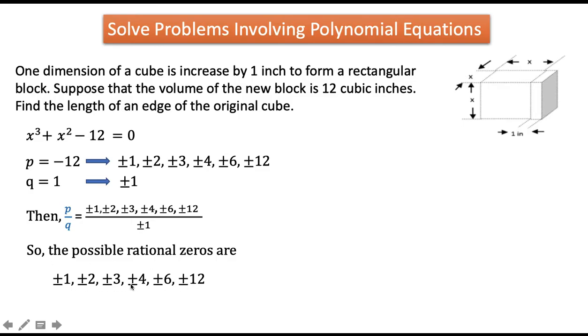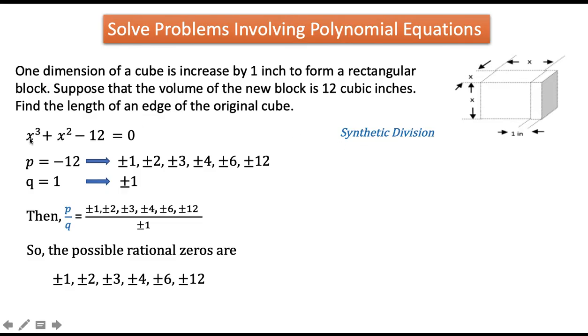This tells us that one of these zeros is the value of x. So how are we going to identify it? We're going to test each of them in order to identify the value of x, which is the length of the cube. Now, we're going to test them one by one using synthetic division.